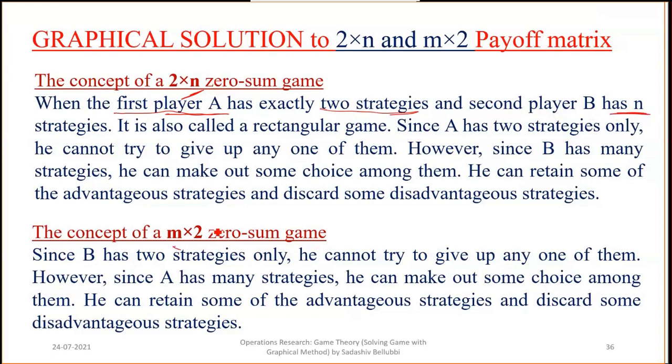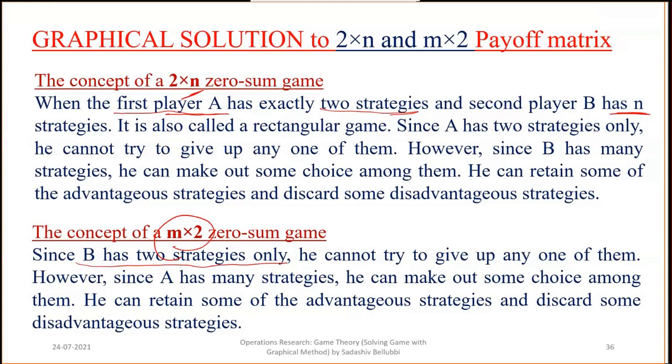Whereas m by 2 means player B has only two strategies and player A has m strategies. In such cases, we need to solve this payoff matrix by using the graphical solution.